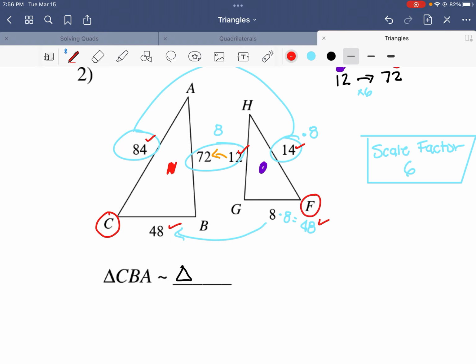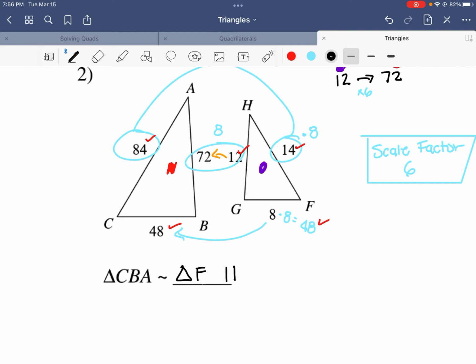So that means that C and F are on corresponding angles of my triangle. So I get that C is similar to F. Likewise, on the top side of my hypotenuse, I have A, and on the top side of my purple triangle, I have H. So that means that A and H are congruent.